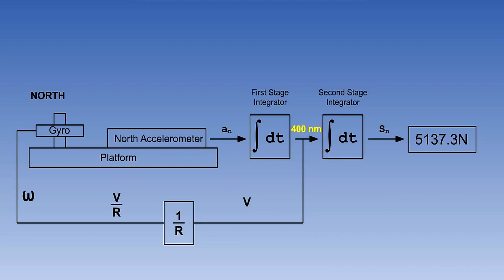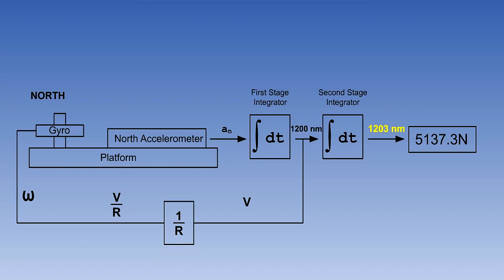There are other errors, and they do not follow this sinusoidal pattern. Instead, they get worse with time. The second stage integrator is a good example. It is outside the V/R feedback loop. Suppose an aircraft were to fly at exactly 400 knots for an hour. But the second stage integrator were to output 401 nautical miles distance gone.